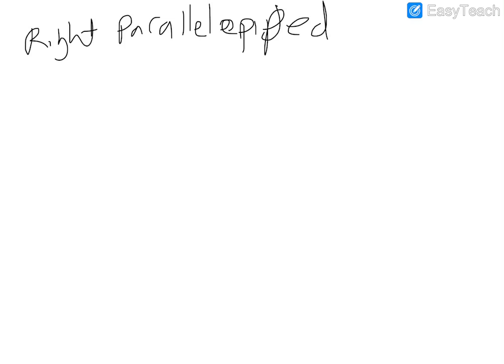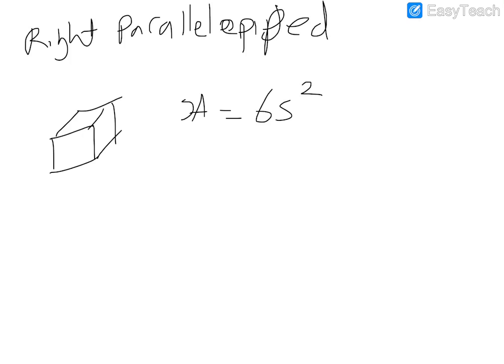So a cube is basically dice, squares on all sides. If the side length is s, then the surface area is equal to 6s squared, because there are 6 faces, and the area of each face is side squared.